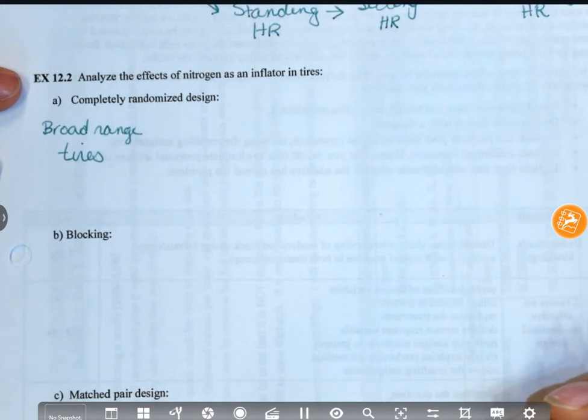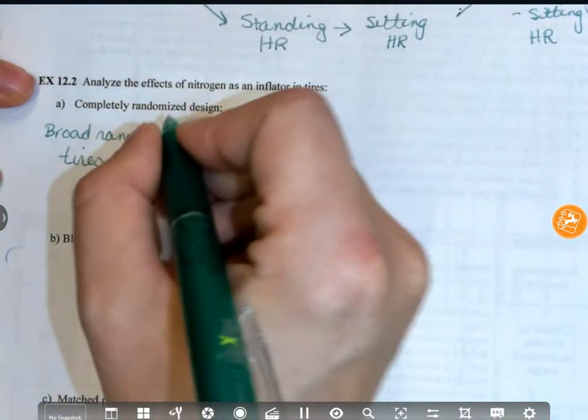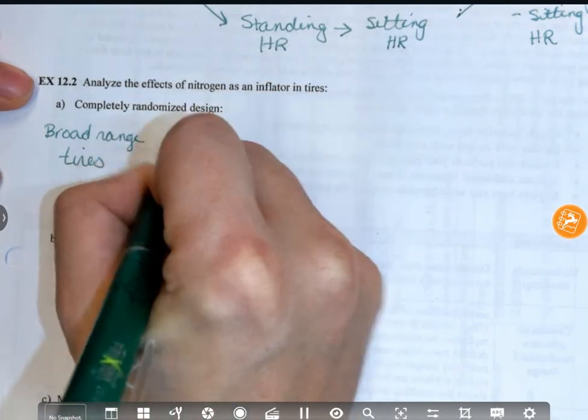All sorts of different things. That might play all-weather tires, summer tires, winter tires. I don't know. Not a car person. So you've got a broad range of tires, and what do I need to put here?